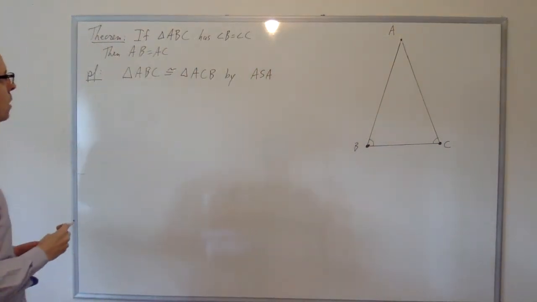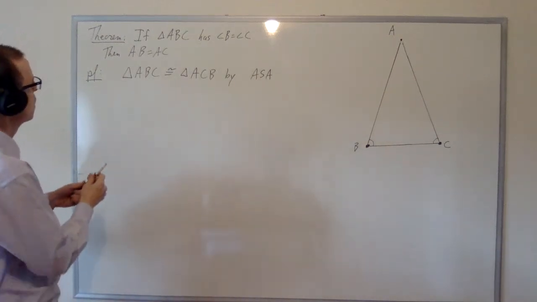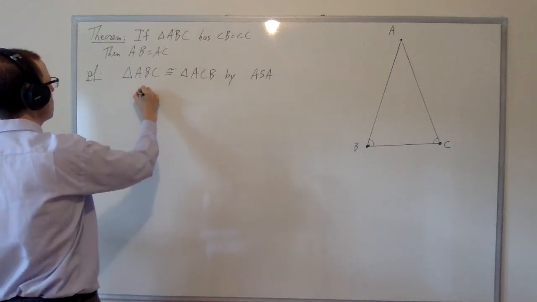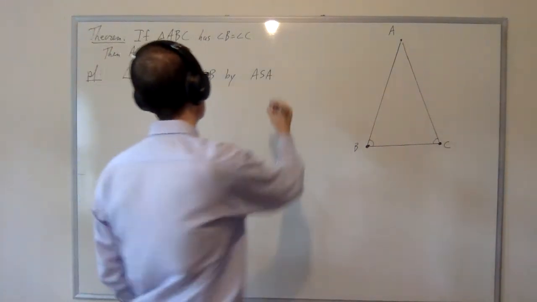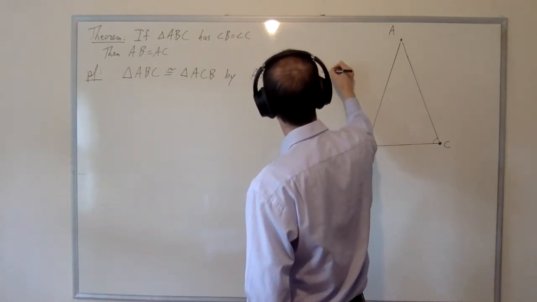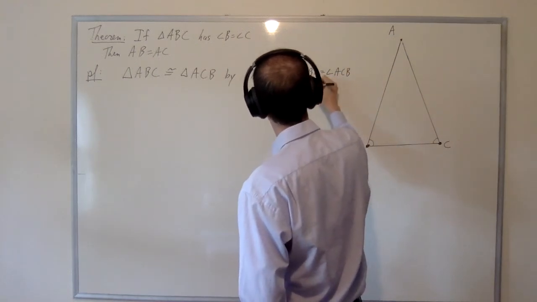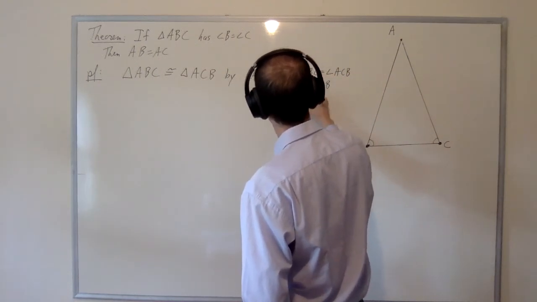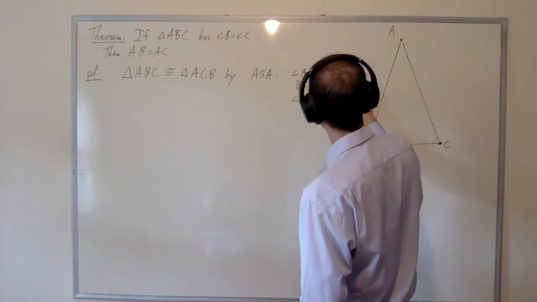So let's be clear about where the angles and the sides are. To specify this completely: angle ABC equals angle ACB, and BC equals CB, and angle BCA equals angle CBA.